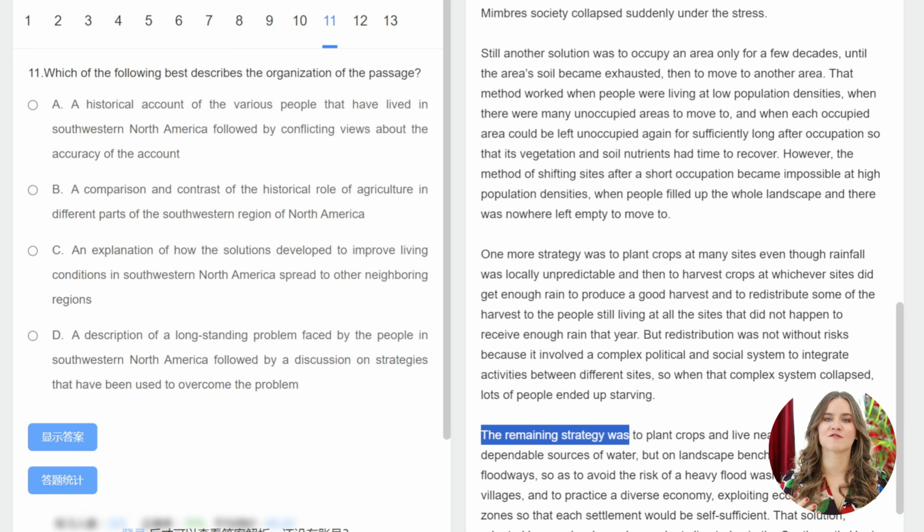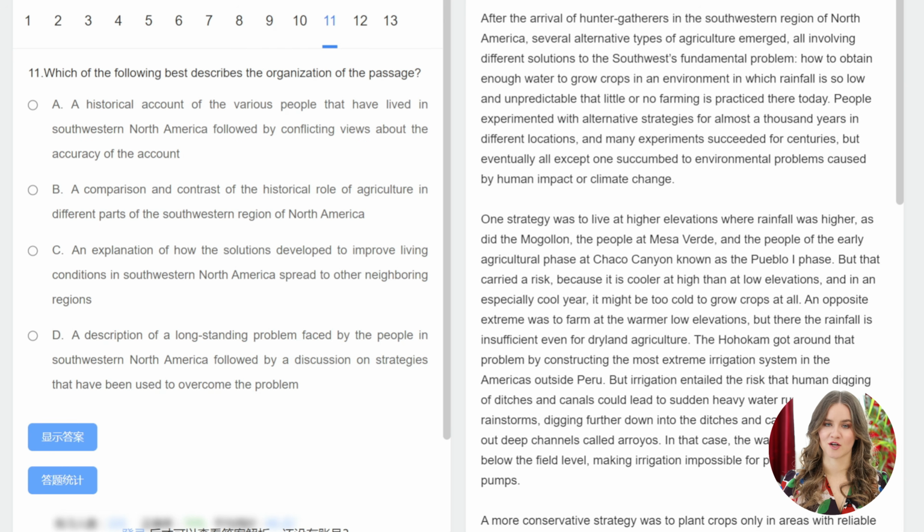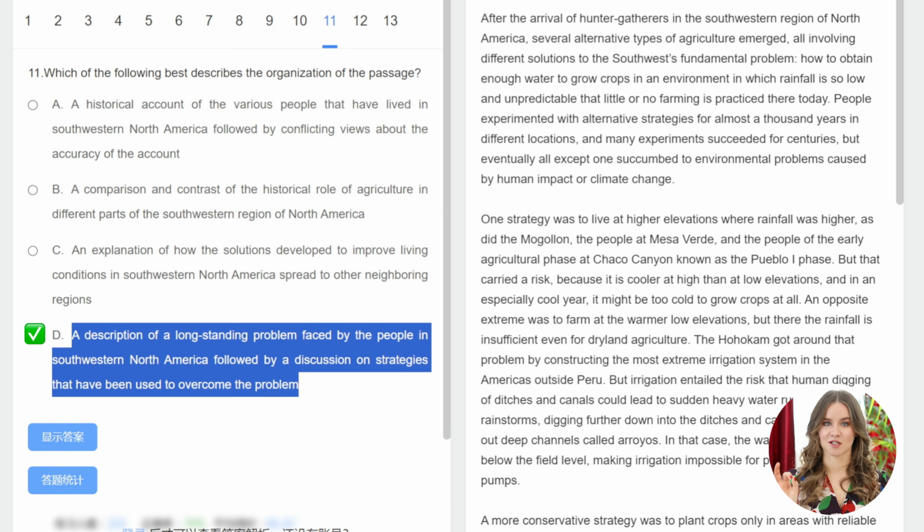Basically, the text first describes a major problem, the lack of water for crops, and then lists several strategies to solve it. If we check the answer options, we can see that D, a description of a long-standing problem faced by the people in Southwest North America, followed by a discussion of strategies that have been used to overcome this problem, is the right answer.